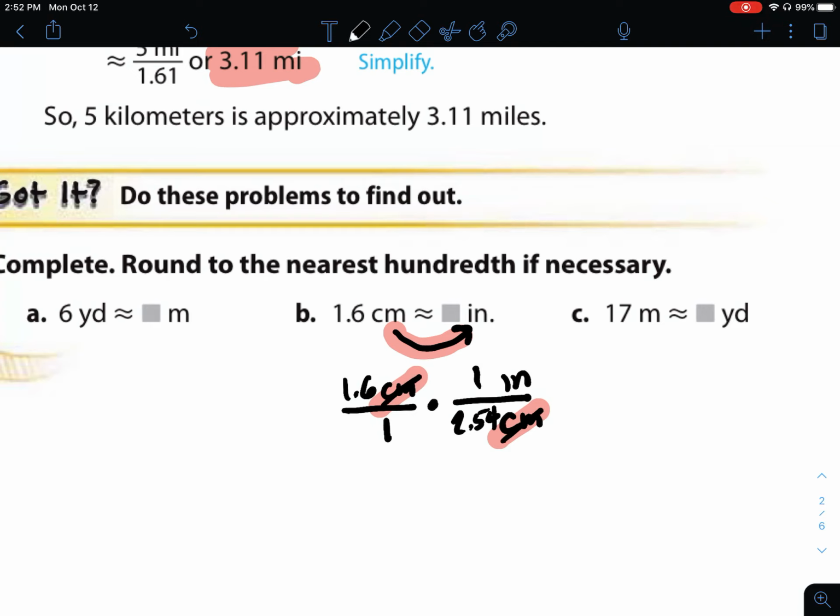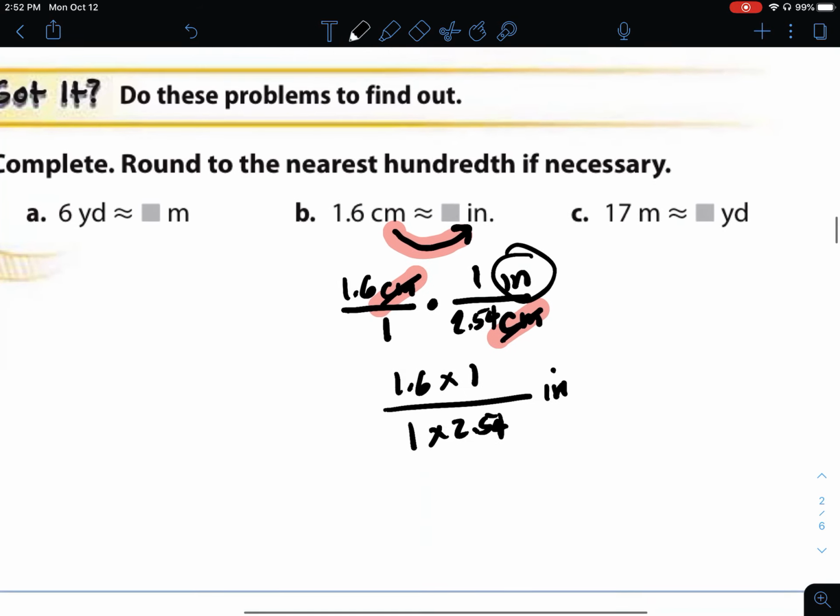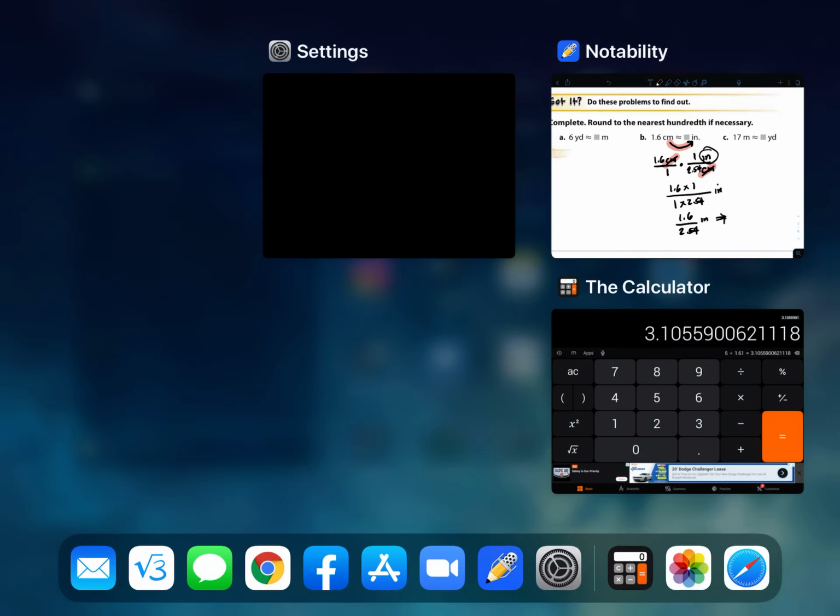So again, my centimeter cancels out. If I multiply straight, this becomes 1.6 times 1 all over 1 times 2.54. And we know that the unit left will be in inches. So this will be 1.6 over 2.54 inches.